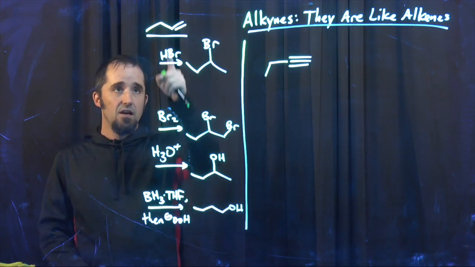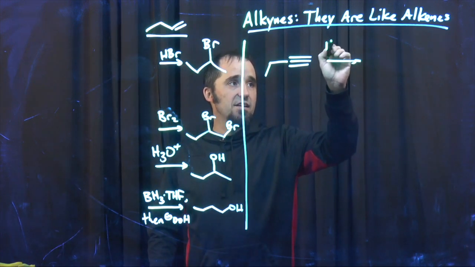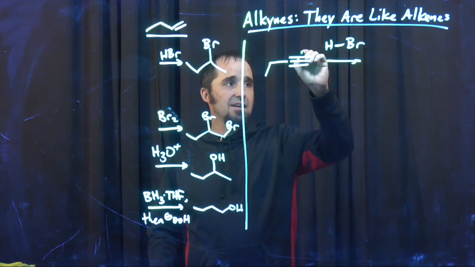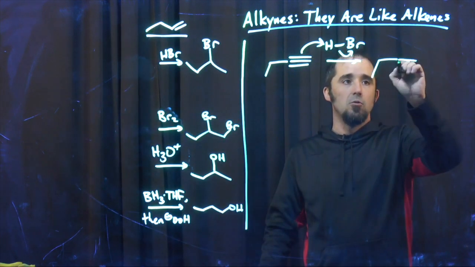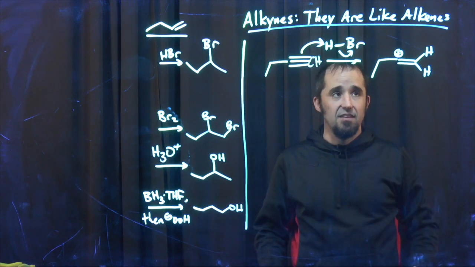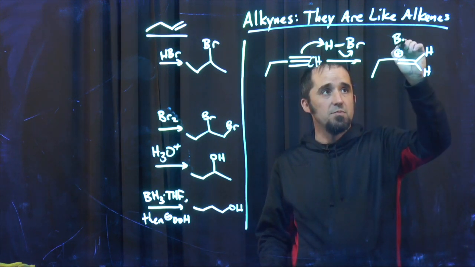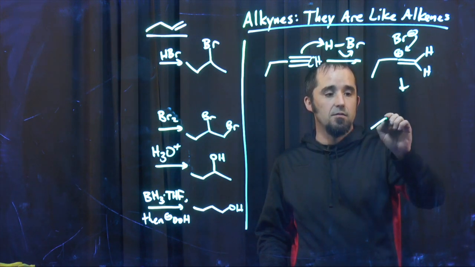So, for instance, adding HBr. If I add HBr to this, again, I'll picture my pi bond swinging open like that, and I get some positive charge like this, which is probably going to be trapped by that bromide.